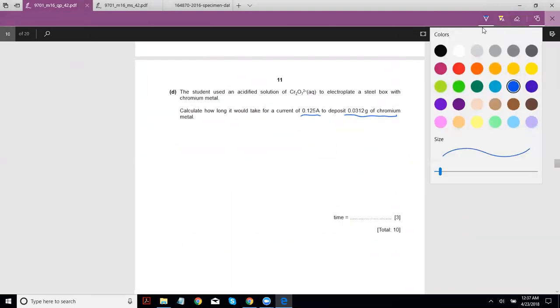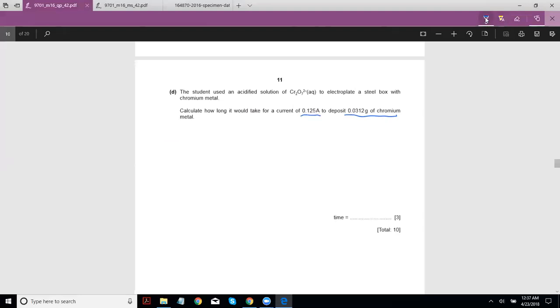One second, what is the equation for this? Where's the chromium equation? So that takes 9 moles of electrons to deposit 2 moles of chromium.